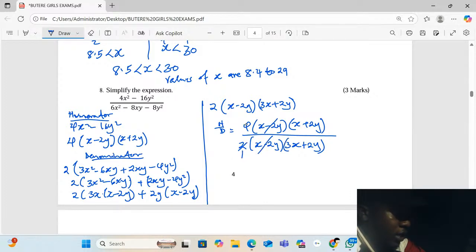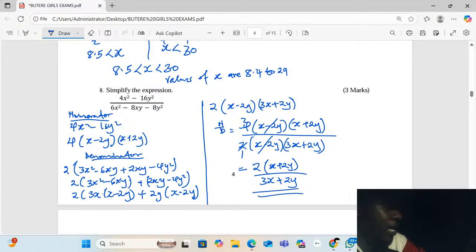Then 2 goes 1 here, here 2. So the numerator remains 2 into x plus 2y over the denominator 3x plus 2y. And this one now becomes your final answer. It is very simplified. We can't go more than that. That's the best we can simplify.